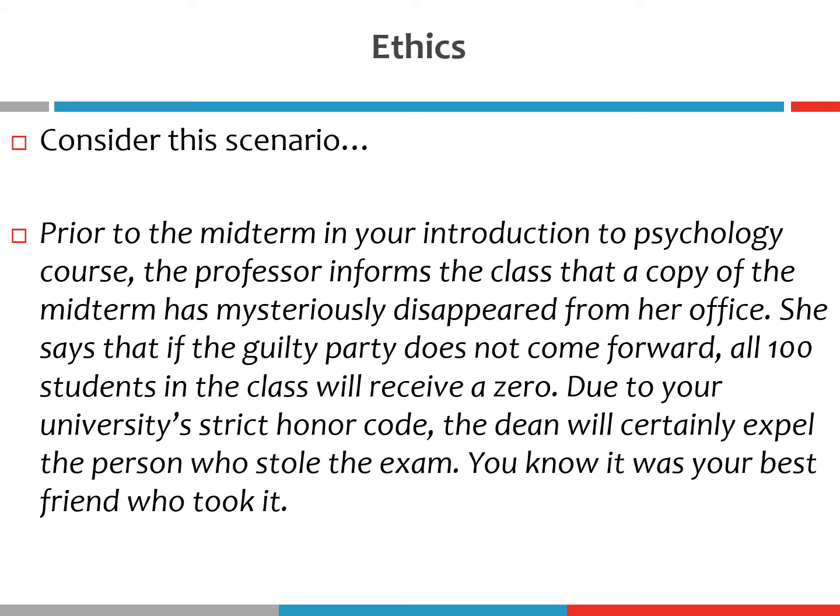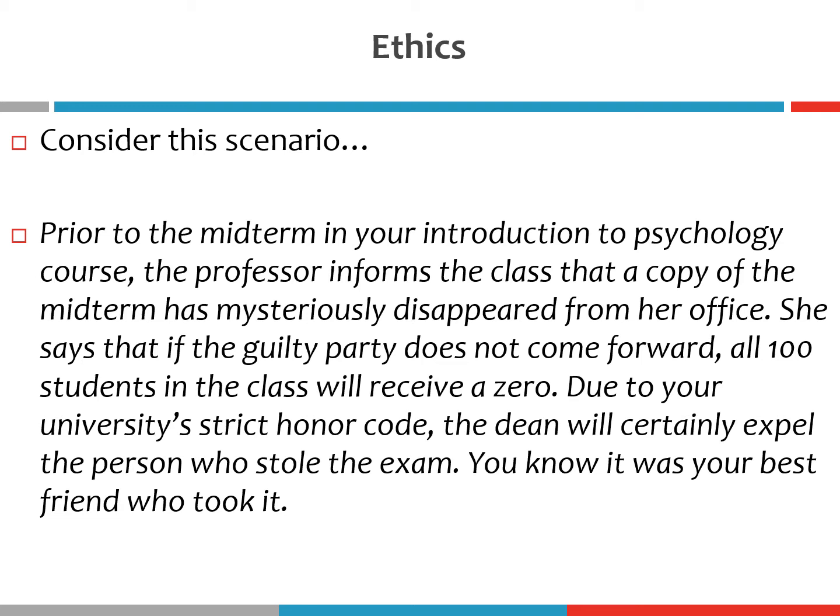She says that if the guilty party does not come forward, all 100 students in the class will receive a 0. Due to your university's strict honor code, the dean will certainly expel the person who stole the exam. And you know that it was your best friend who took the exam.